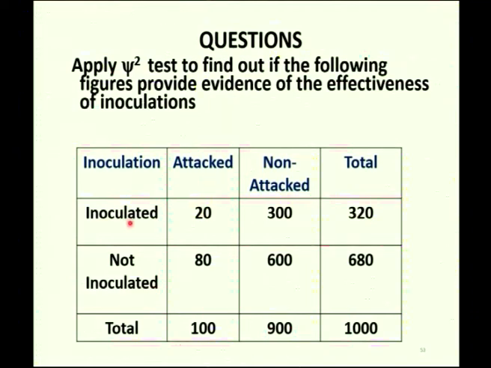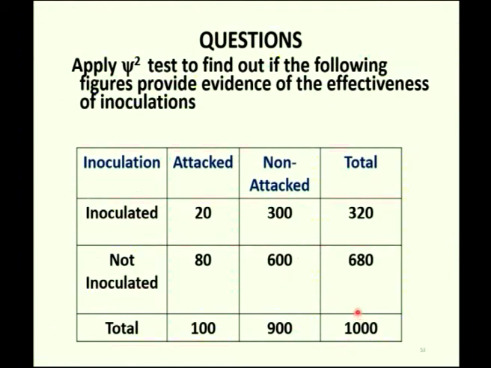Attacked by a disease and inoculated is 20, and not attacked and inoculated is 300. So the total is 320. This is the OI table given in the question, and not inoculated but attacked is 80, and not inoculated and not attacked at all are 600. So the total is 680, and the row total and column total are given to you.